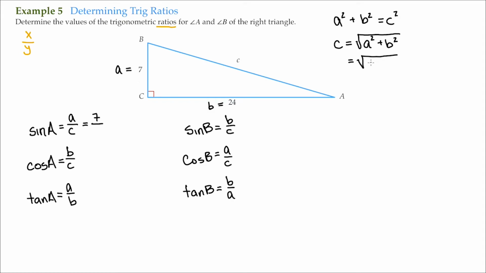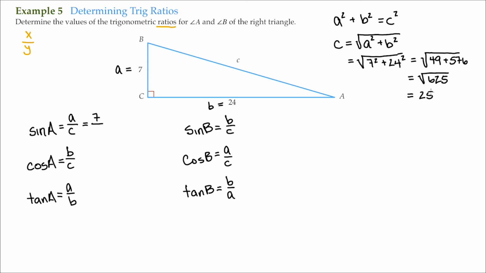A, that's 7 squared, plus B, that's 24 squared. 7 squared, that's 49. 24 squared, that's 576. 49 plus 576, that's 625, and the square root of 625 is 25.